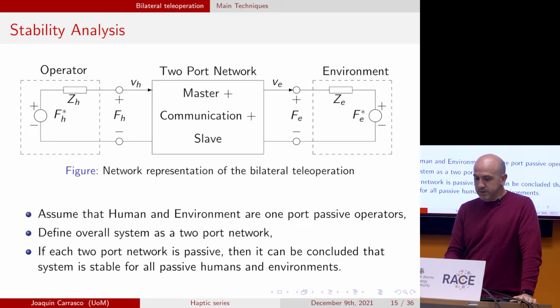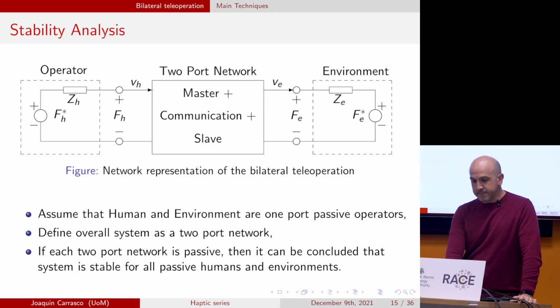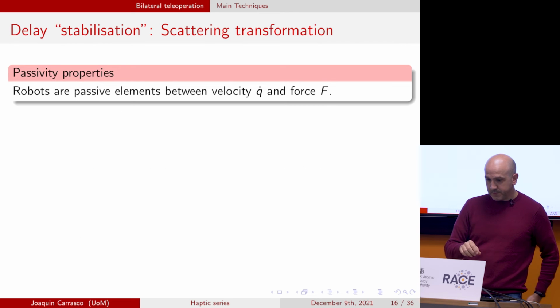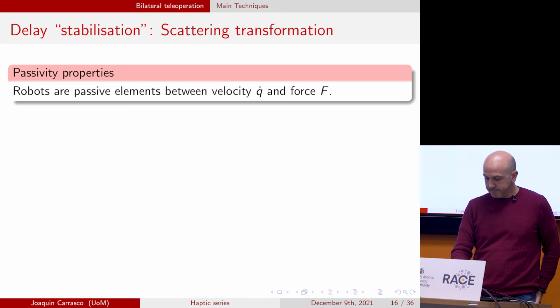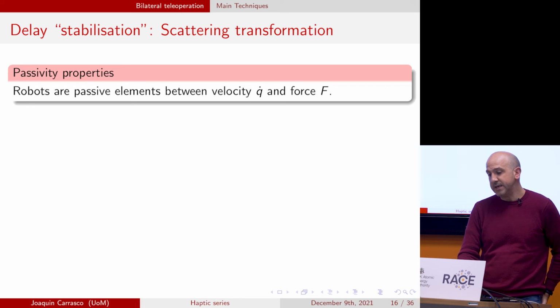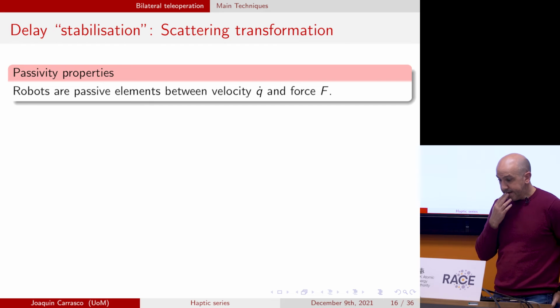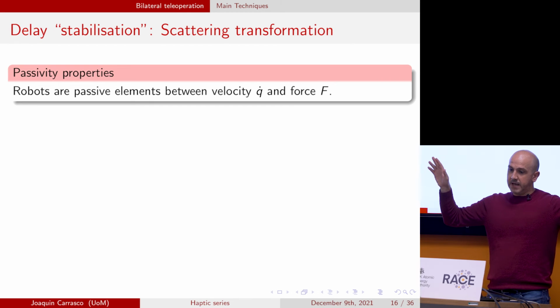So what we are going to use for this technique is that, because of the passivity properties of the outside parts, we want to use passive systems on the outside.